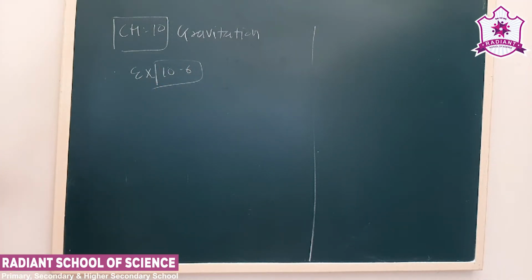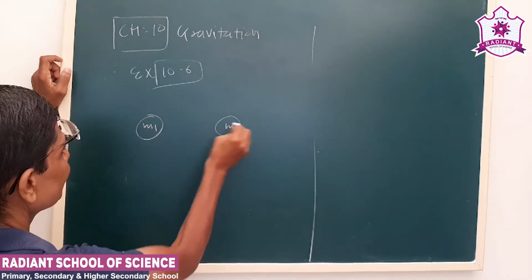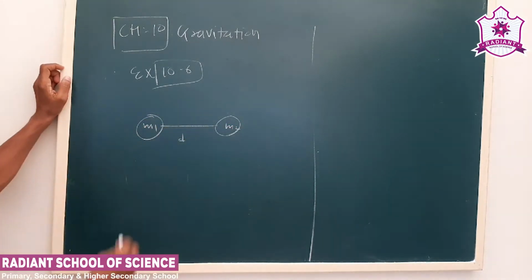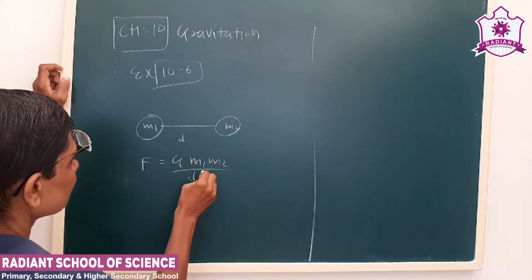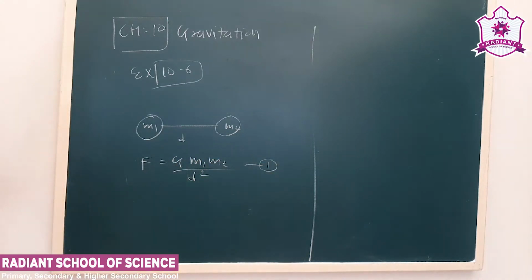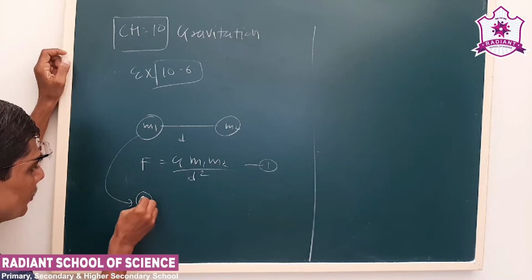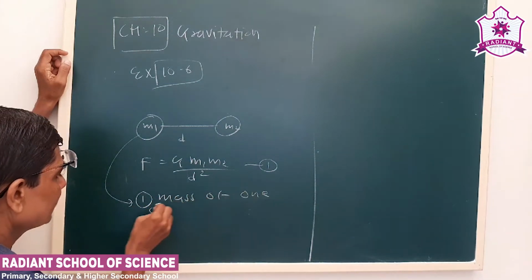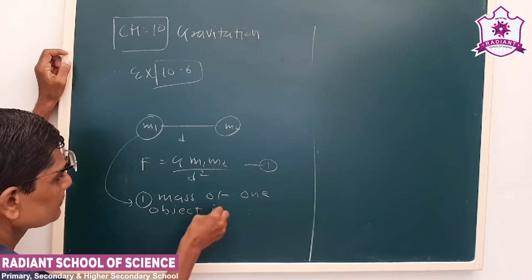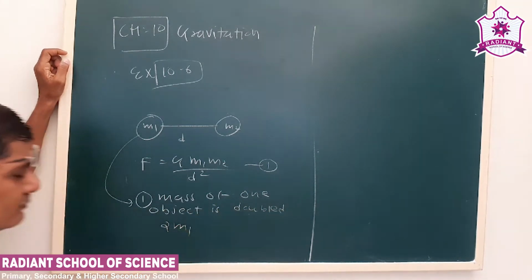Now the gravitation force between two objects, let us say M1 and M2, at distance d, is F. Now see our question. What happens if the mass of one object is doubled? Let us say first part, mass of one object, M1, we make 2 M1.